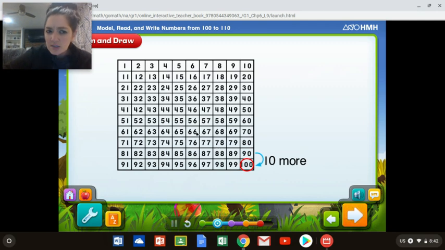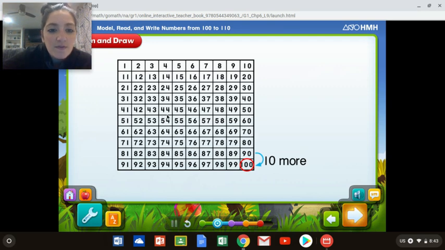Now, let's challenge our brains here. If I had 54, and I want to know what is 10 less. You had $54 and you spent $10. How much money do you have left? If we're at 54 and we want to go 10 less, would we go up or down? Here we knew that if we had 10 more than 90, we would go down.